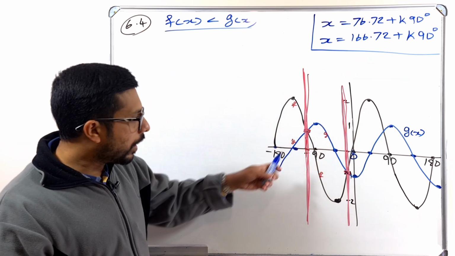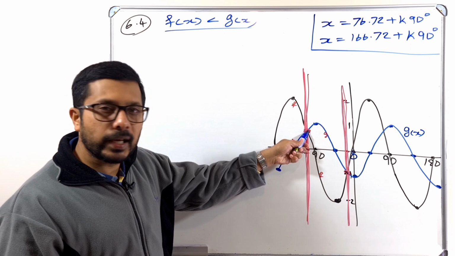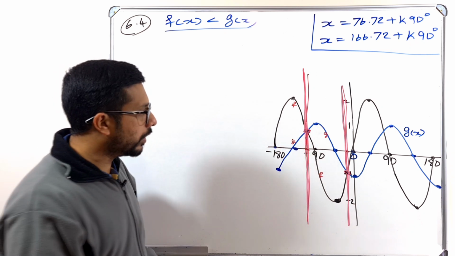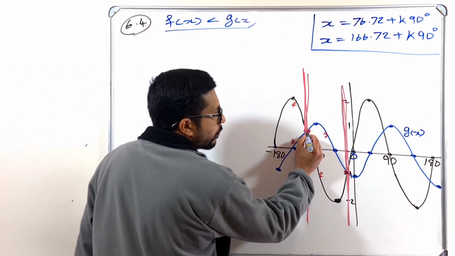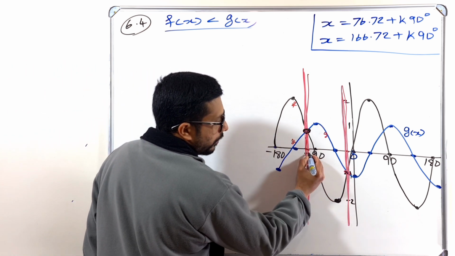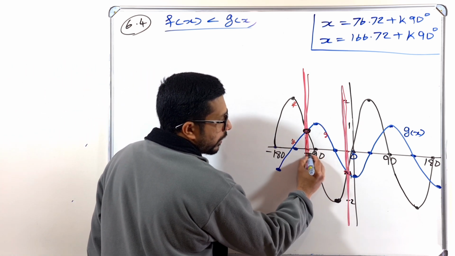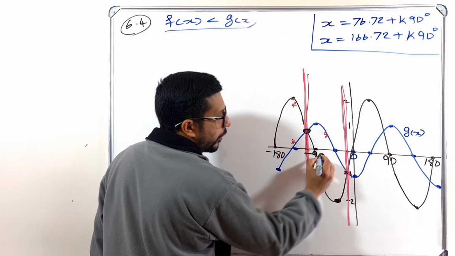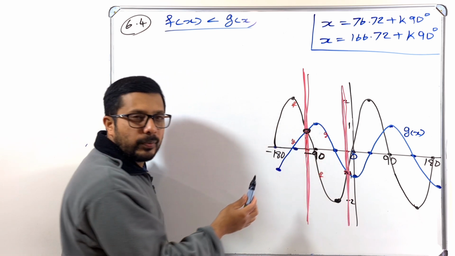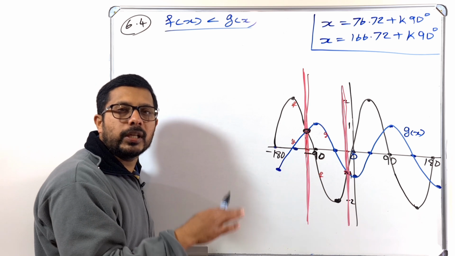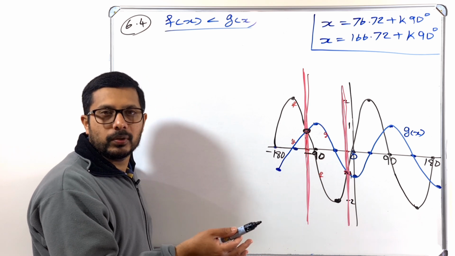Now we have to find the exact value of this point. So here you can see that this point is minus 90. This is minus 90. Am I right? Okay, so that point is after minus 90. Maybe it is minus 95 or minus 100 or minus 105, something like that.